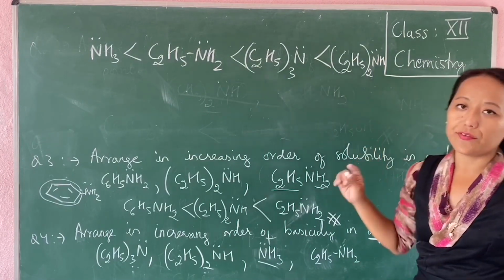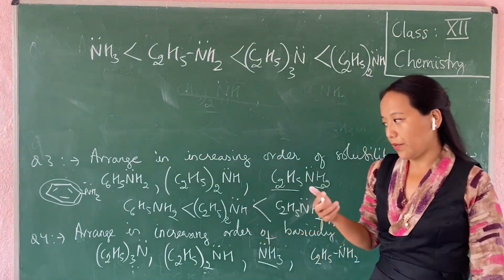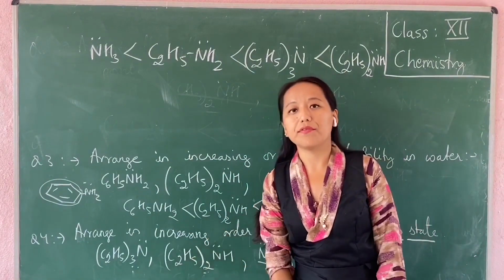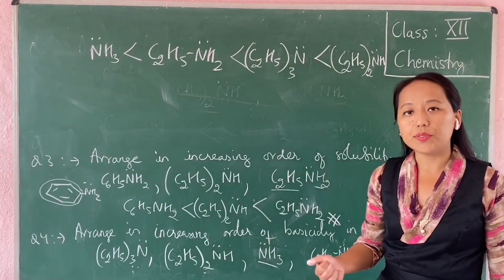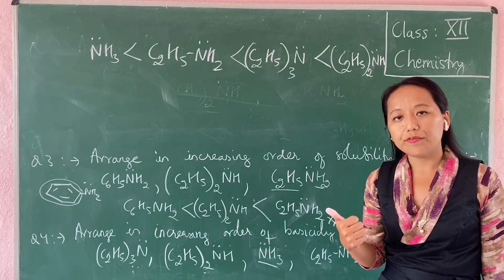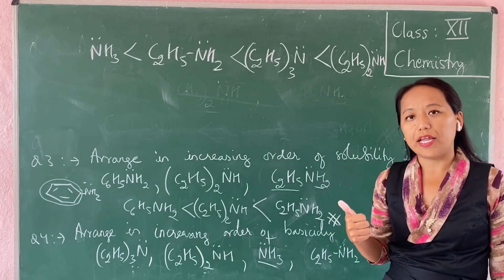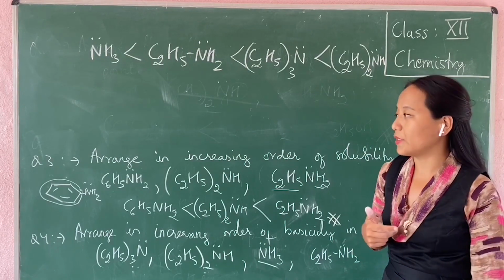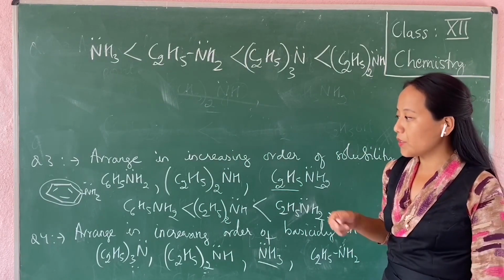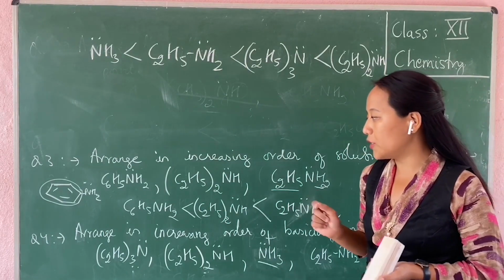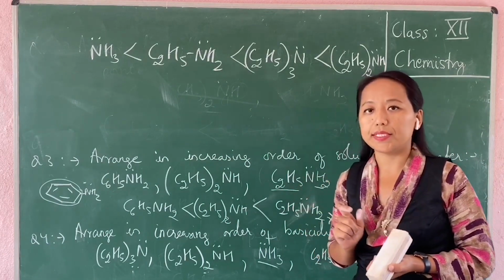This is in the case of amines containing ethyl groups. Now, if instead of ethyl groups they have given methyl groups, then the sequence will be secondary followed by the primary followed by the tertiary. Secondary will have the highest basicity and the tertiary will have the lowest basicity. So this is about arranging basicity in aqueous state.